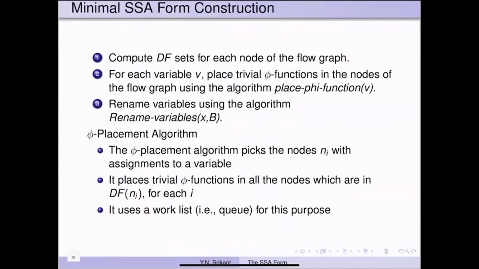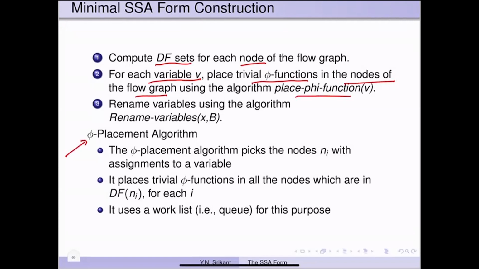So let me now give you an overview of how the minimal SSA form is constructed. Compute the dominance frontier for each node of the flow graph. Keep it aside. Now take each variable v and place trivial phi functions, I will tell you what trivial phi functions are very soon, in the nodes of the flow graph, using the algorithm place phi function, that is here.